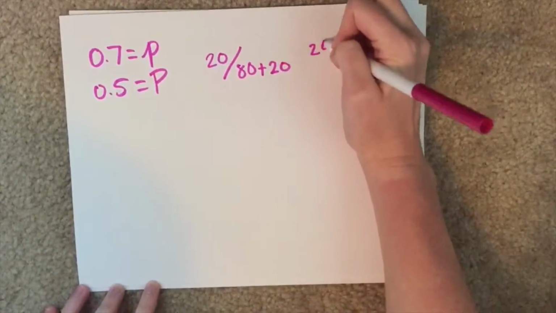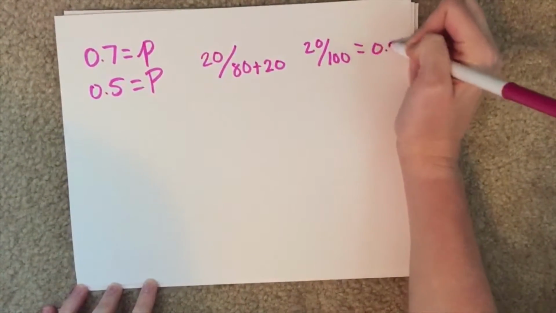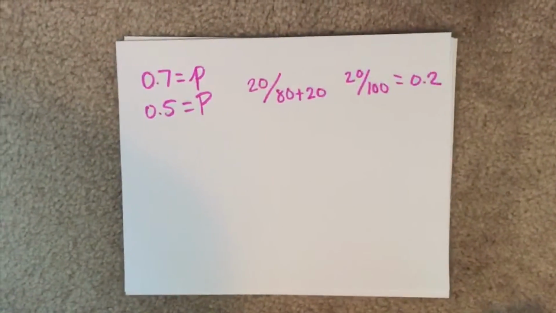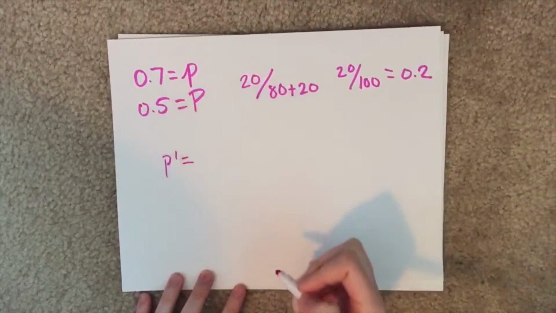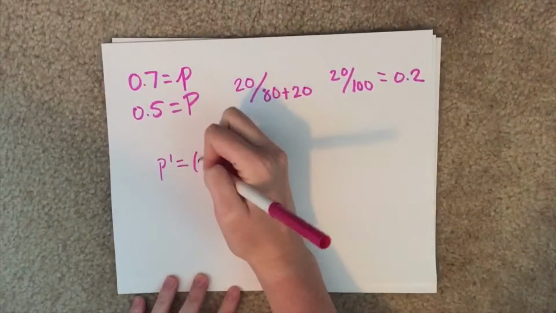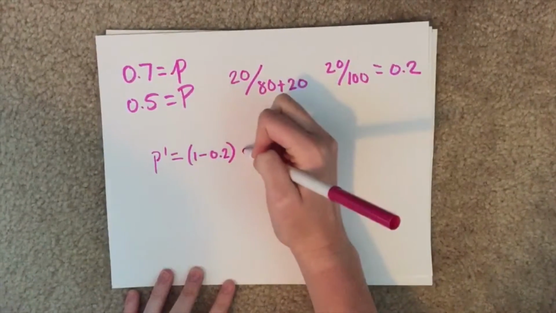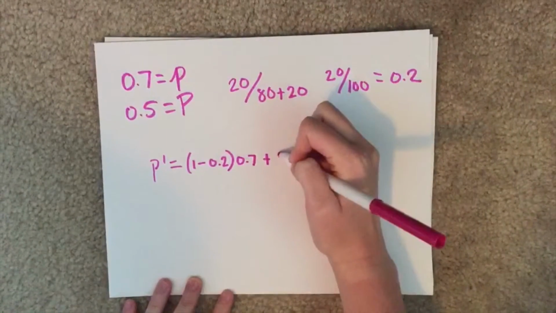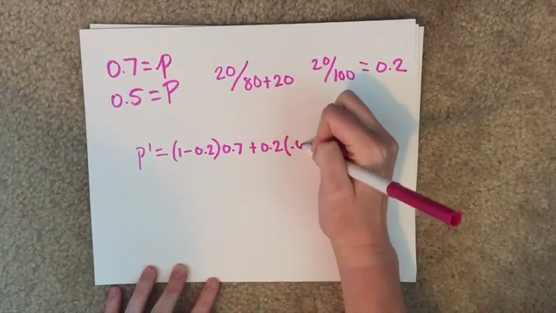So 20 divided by 100 equals 0.2. Now that we know what numbers to plug into the equation, we can solve for p prime. So it would be 1 minus 0.2 multiplied by 0.7 added to 0.2 multiplied by 0.5.